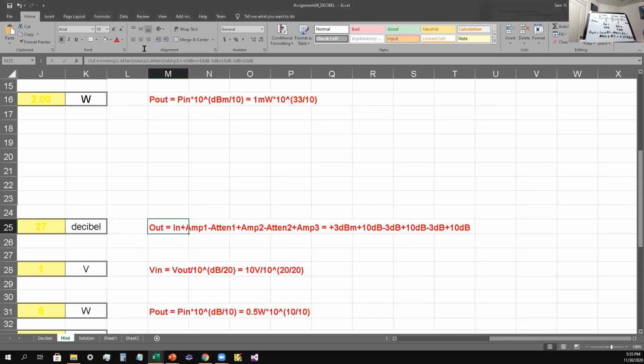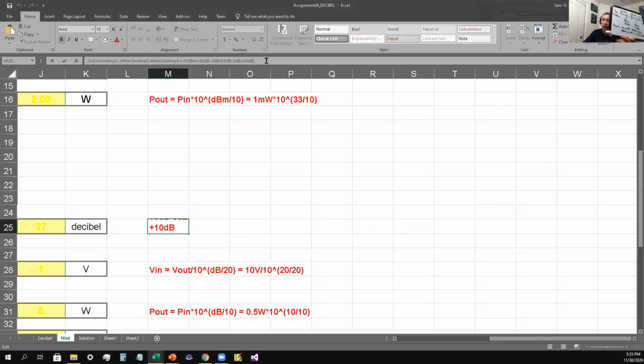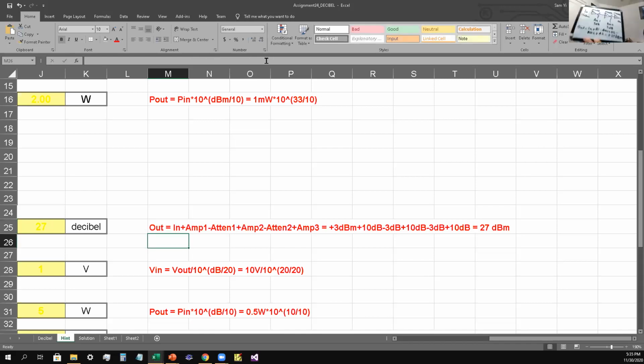And so your answer at the end, you add them all up, should come up to 27, in the form of dBm. So that's pretty much it, just adding across from the input all the way to the output.